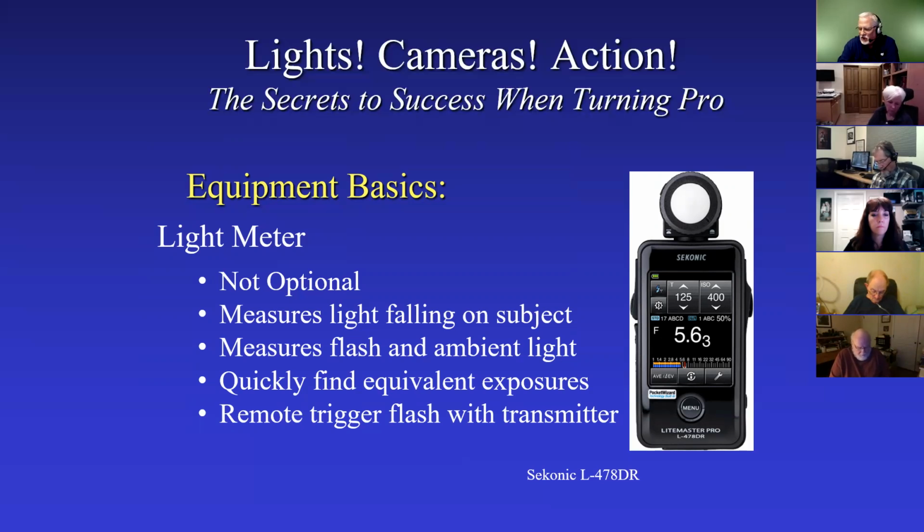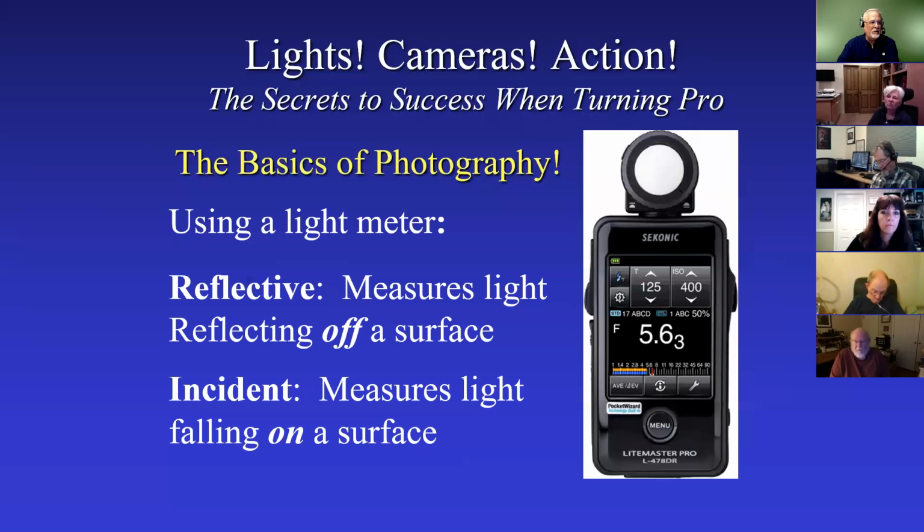So you just punch in 2.8 on your meter and it tells you what the shutter speed is. You don't have to figure it out on your own. So that should be worth the price of admission alone right there. And then some of them have the ability to trigger a flash because they have a built-in transmitter. We'll talk more about that in a moment.